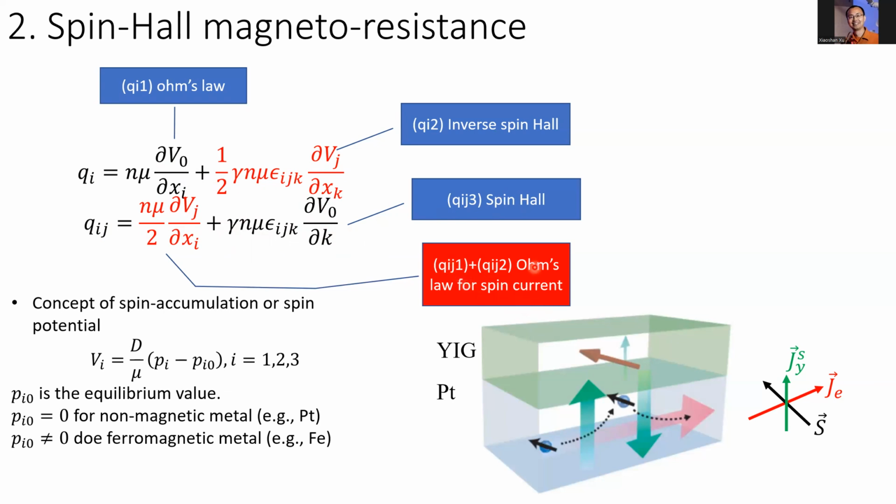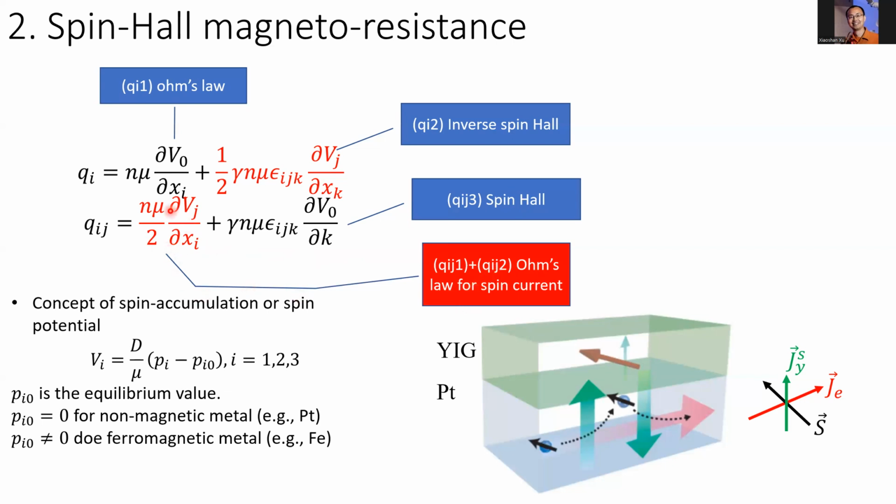It basically combines the two terms we talked about. One is the spin polarized charge current. One is spin current from the spin polarization diffusion gradient.